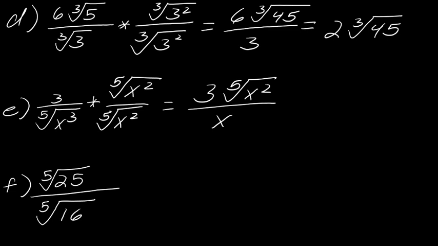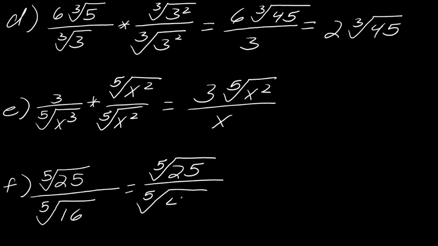Okay, so now for the last one. I don't need to rewrite the top as 5 squared. I can just leave this as 25. Really, rewriting out these powers is just something that we do so that we can figure out what we need to multiply by for the bottom. So you could think of this in 2 ways. You could think of this as 4 squared, or you could think of this as 2 to the 4th.